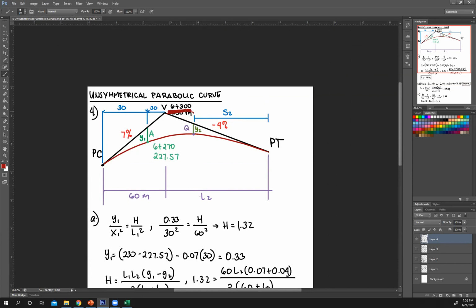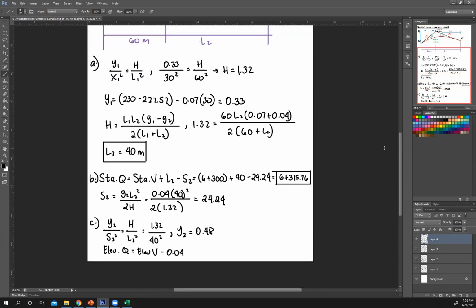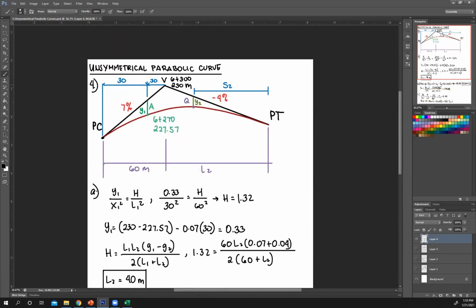And this length is just your L2 minus S2. So L2 minus S2, and then minus y sub 2. What's the answer? Considering L2 is 40, S2 is 24.24, and elevation of D is 230.